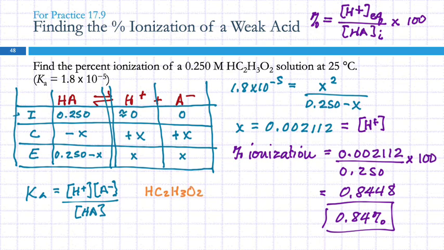HC2H3O2 is our acid, right? And so we're going to call the C2H3O2 A minus, and this part we're going to call HA. So the A stands for that whole mess.